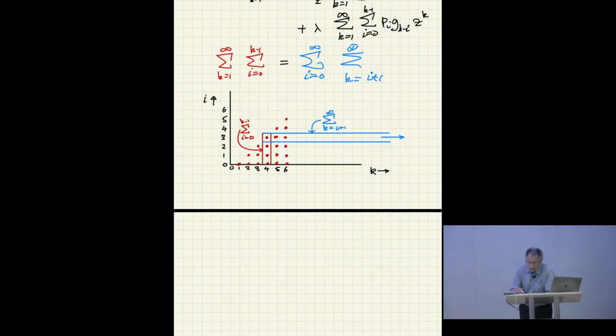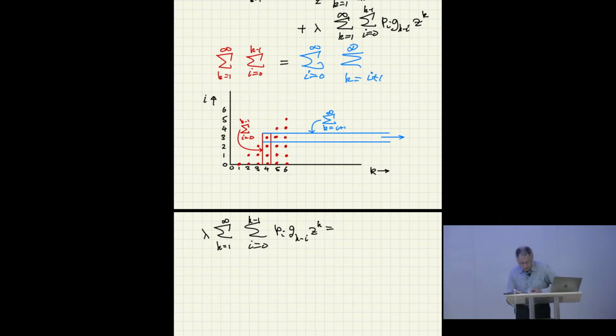Now once I get that, if I look at this interesting term here, this double sum, which is in my balance equation going into the z transform, I can write that as follows. That summation, I'm going to rewrite it: k equals 1 to infinity, summation i goes from 0 to k minus 1 of, put the lambda in front of it, let's not forget that again, pi g sub k minus i z to the k.